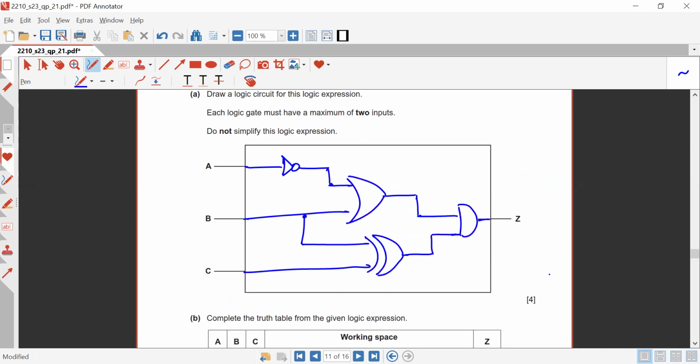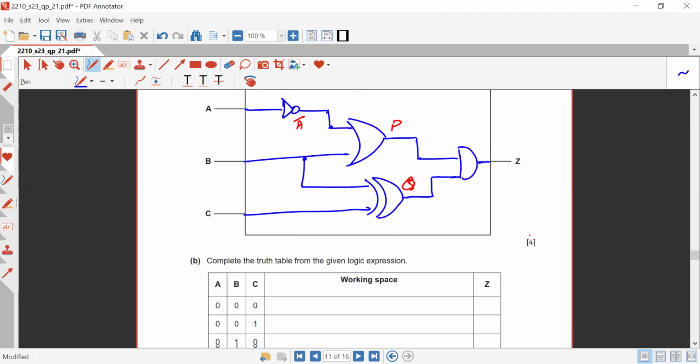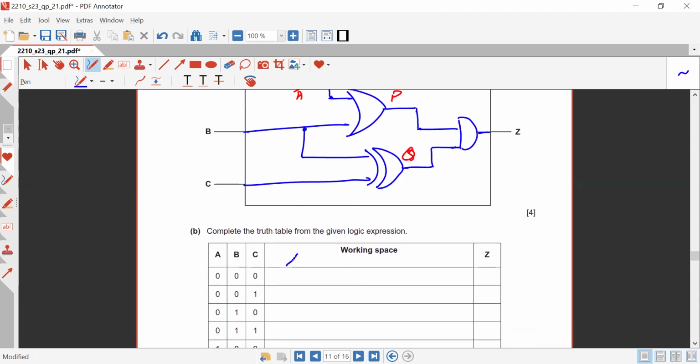What we can do over here is name them differently. It could be A bar, it could be P, it could be Q, and that's Z. So in the working space, we can write down A bar, P, Q, and finally Z. For the A bar, what does it say?